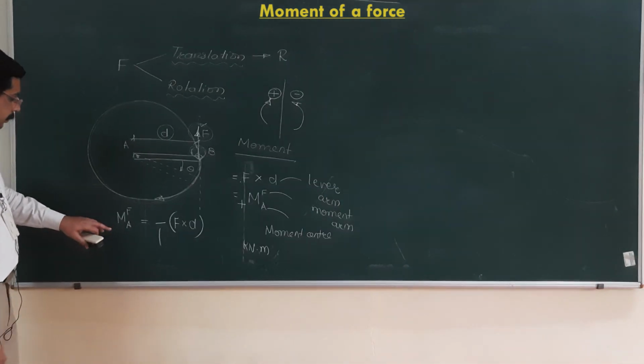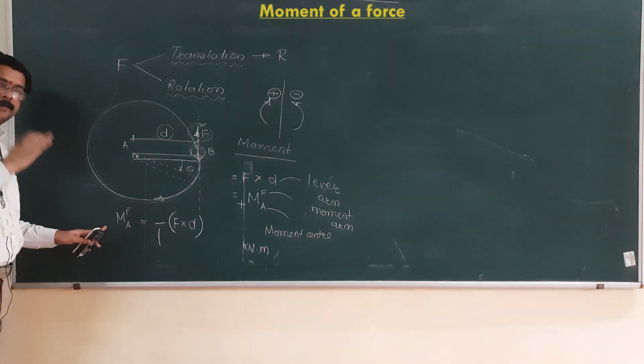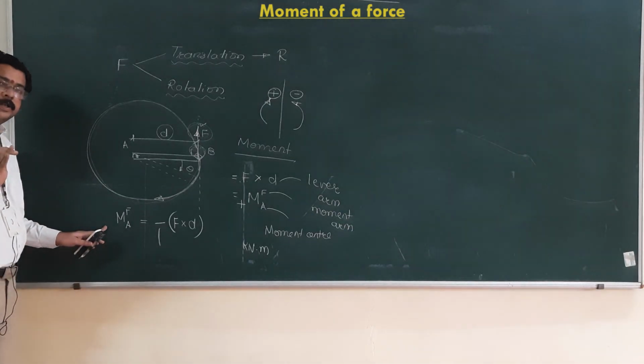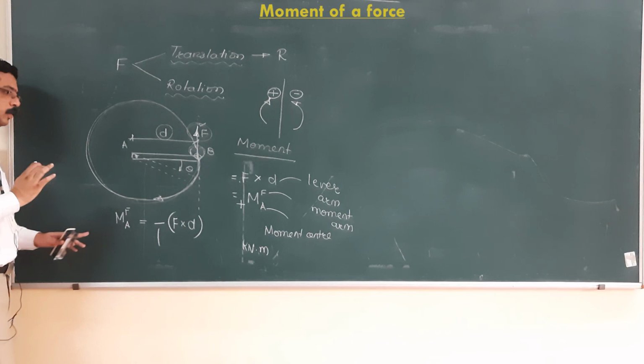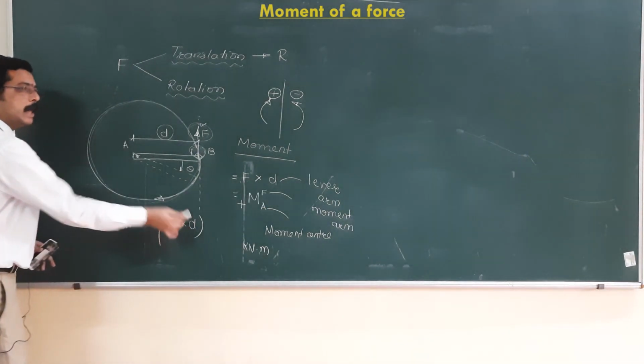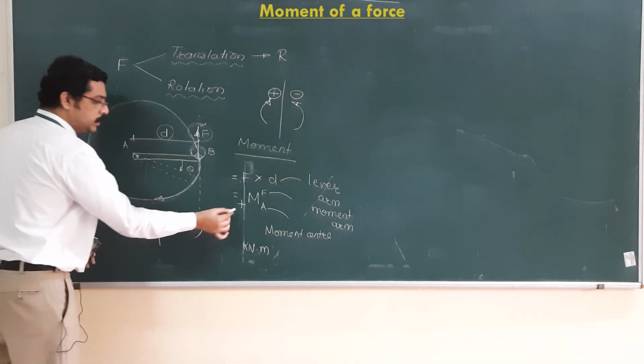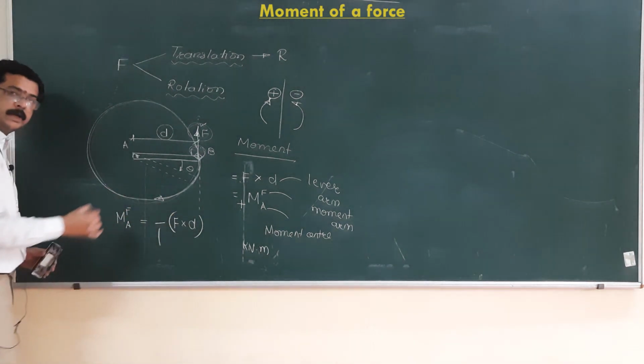Alright. Now here, as I told you, a vector quantity requires three things to be defined: magnitude, direction and point of application. Magnitude is simply the multiplication of their absolute values. Direction will be decided on the basis of clockwise or anti-clockwise effect.